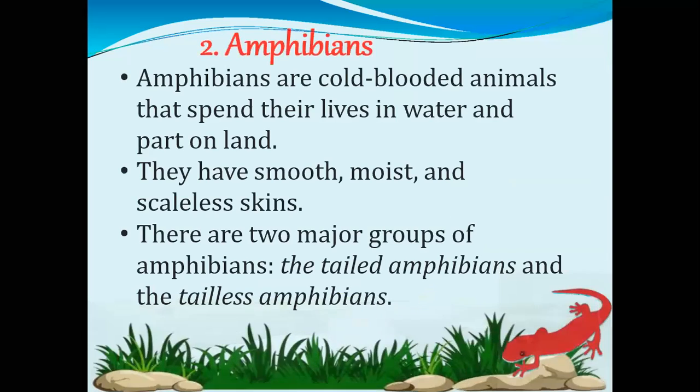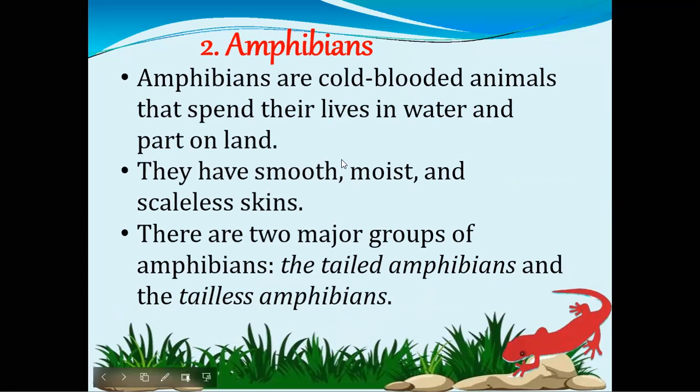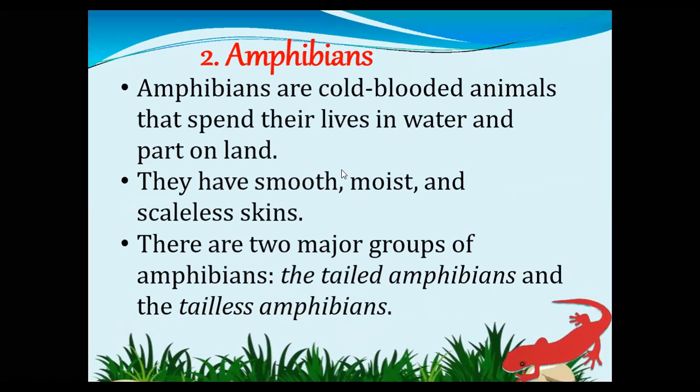Amphibia means, look here, in number 2, there is amphibia, the frog group. Amphibia means the life cycle completes in water and on land. Generally, the first phase of the life cycle of these animals completes in water.